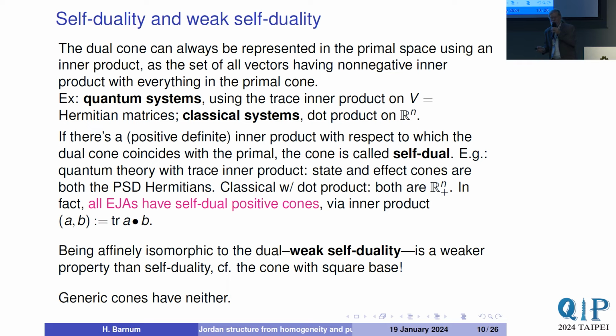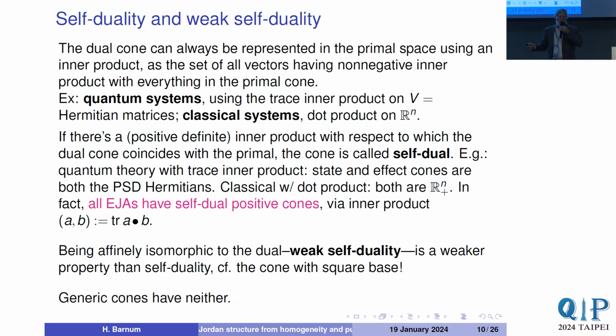So now we need to introduce a concept called self-duality. You might have noticed that in the quantum case, both the effects and the states are represented by Hermitian matrices, and we use an inner product to determine probabilities. So we're basically representing the dual space in the primal space by means of that inner product.